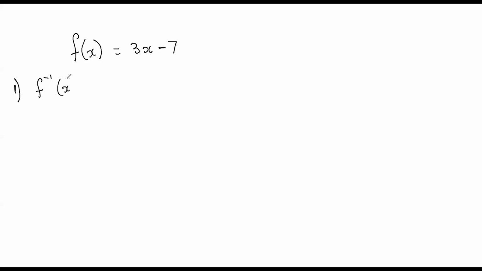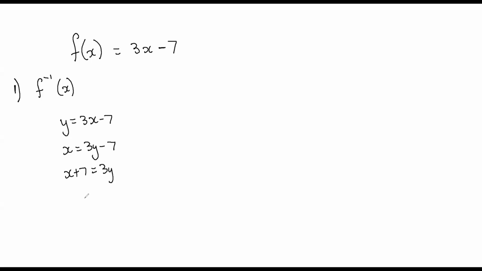So we erase that. Find f inverse of x. y equals 3x minus 7. All right, and you interchange. So that means x equals 3y minus 7. And then you make y the subject of the formula. What am I moving first? x plus 7, equals 3y.